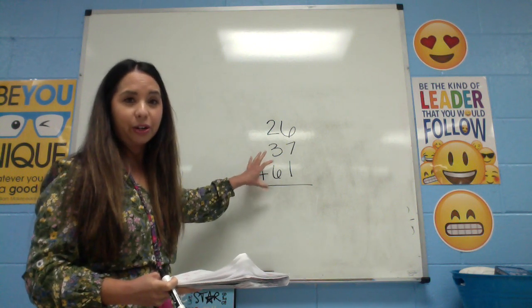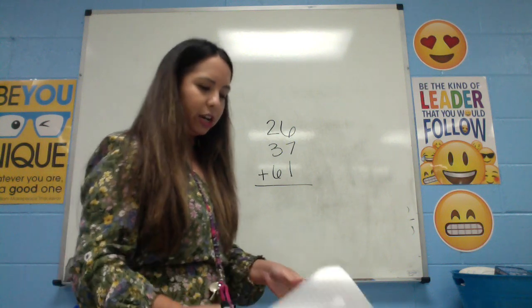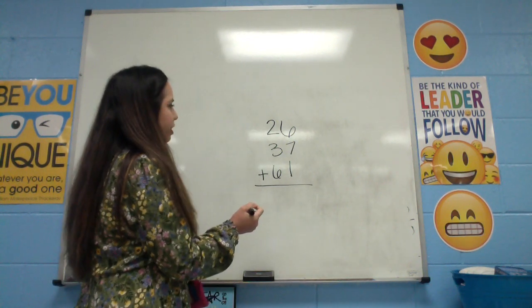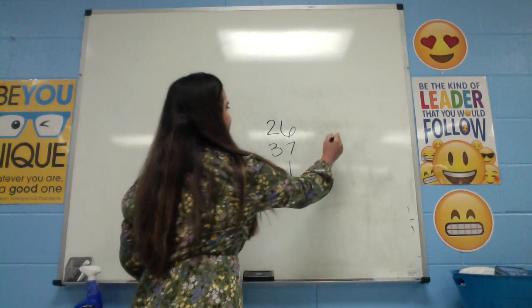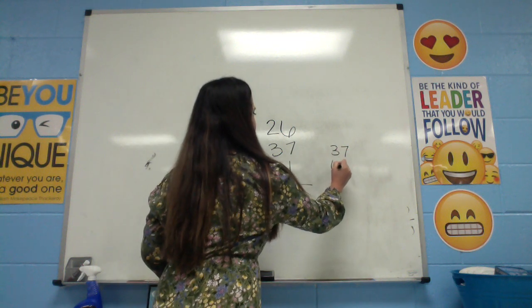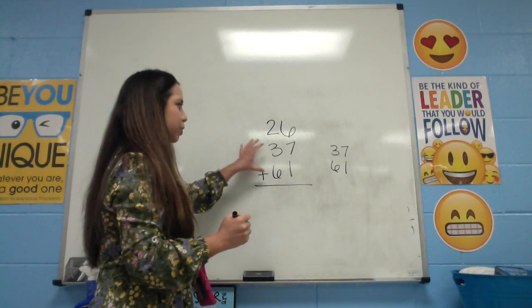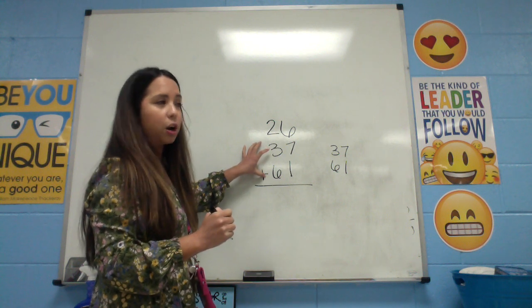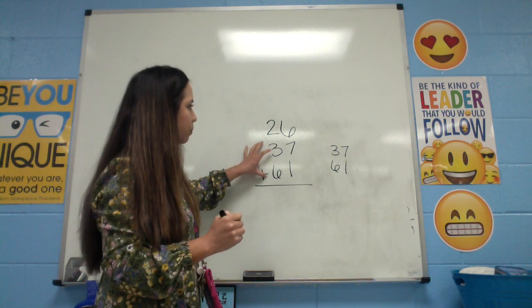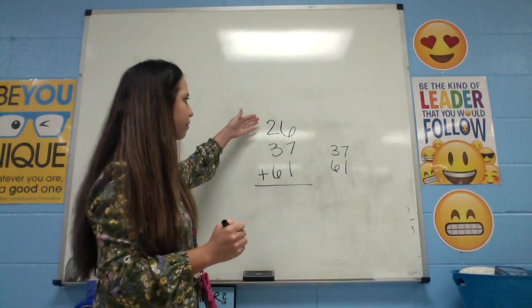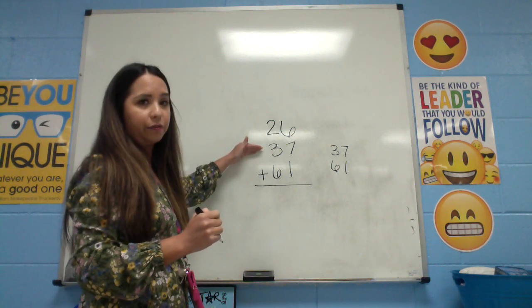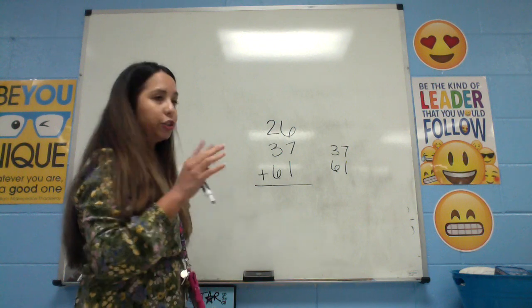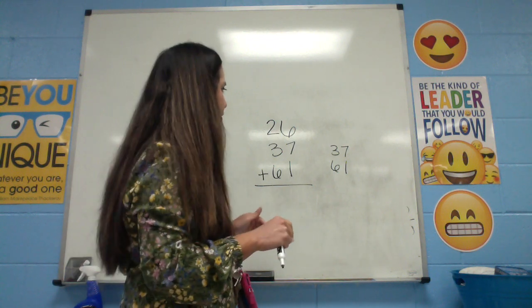Anytime there's no regrouping, that's a little easier. So I'm going to add 37 plus 61. We'll write that out to the side. We're going to add these two numbers first. That's called our grouping property, the associative property. But in the end, it doesn't matter. You could have added 26 plus 37 first. It doesn't matter. You should still get the same answer.